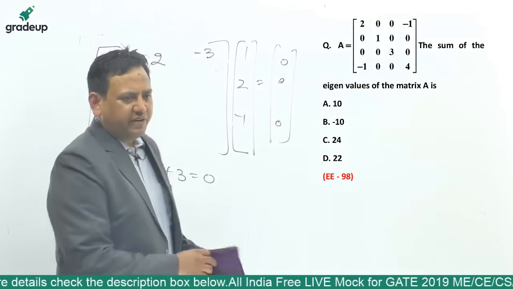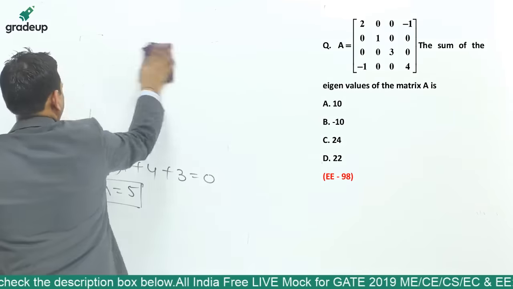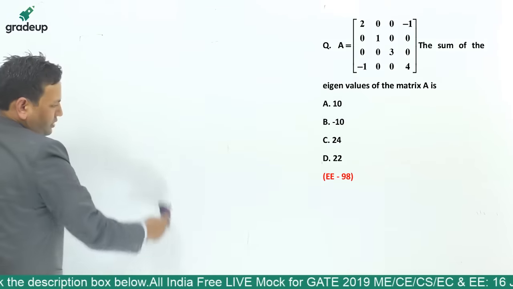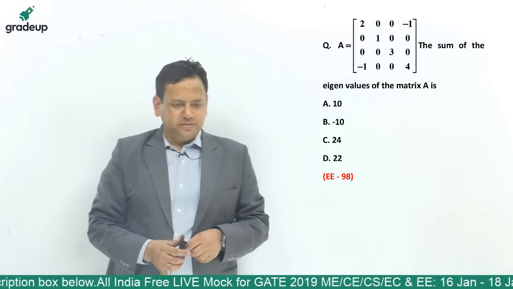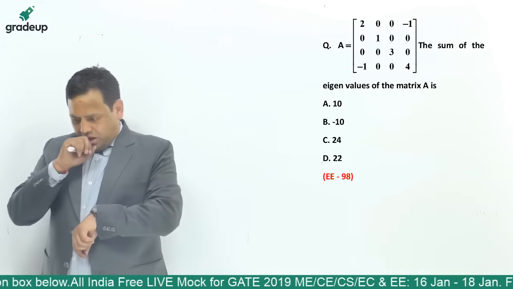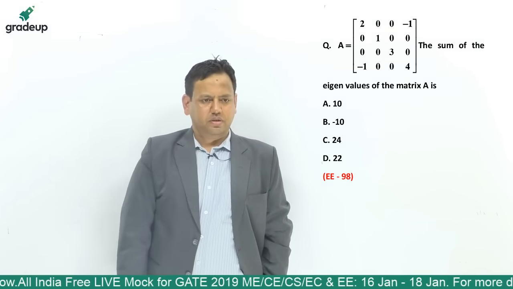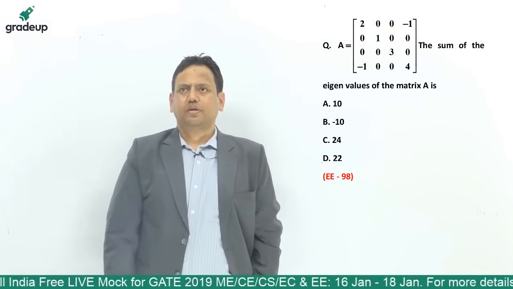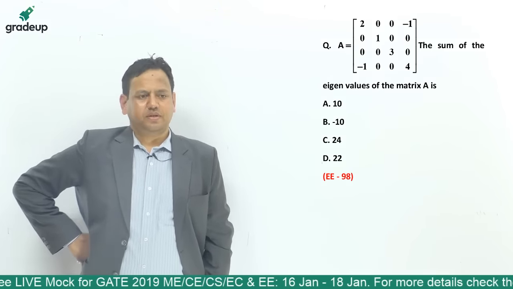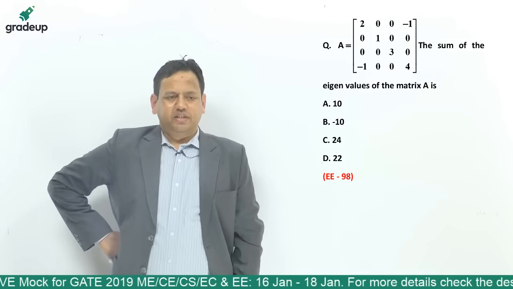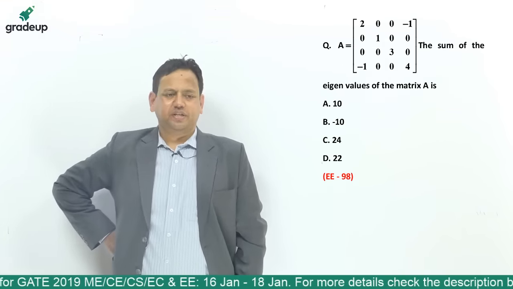Now try this question. Everybody write the answer. Write down E and then write your answer. The sum of the eigenvalues of matrix A is equal to 10.